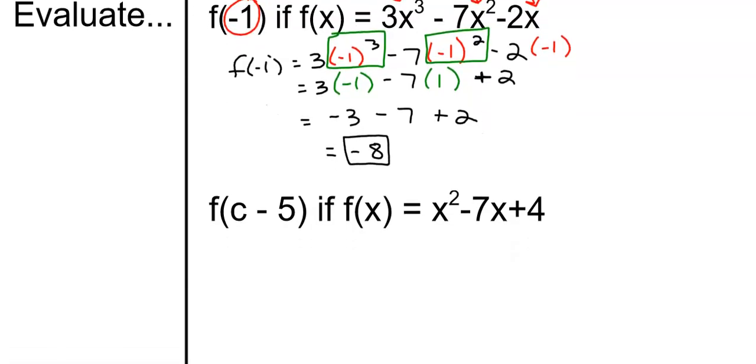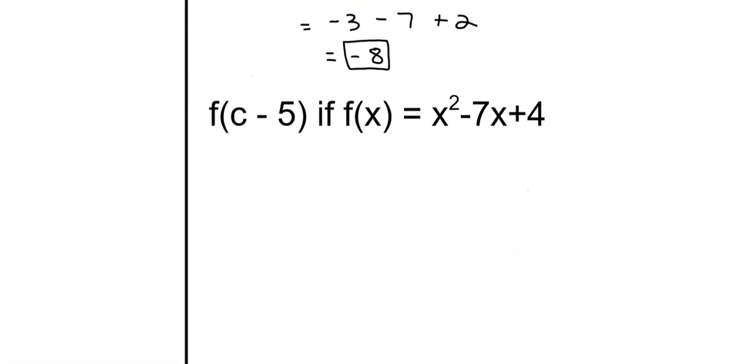Okay? Second example. Find f of c minus 5 if f of x equals x squared minus 7x plus 4. So same idea, except this time we have a little more than just a constant. We also have a variable, but treat it exactly the same way as we did in the first example.